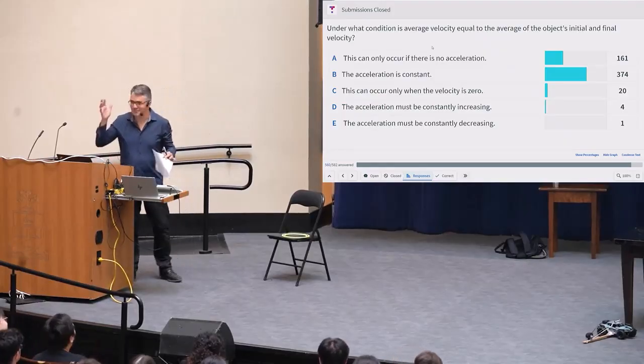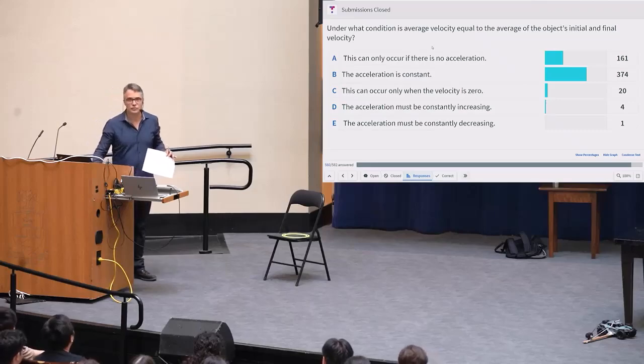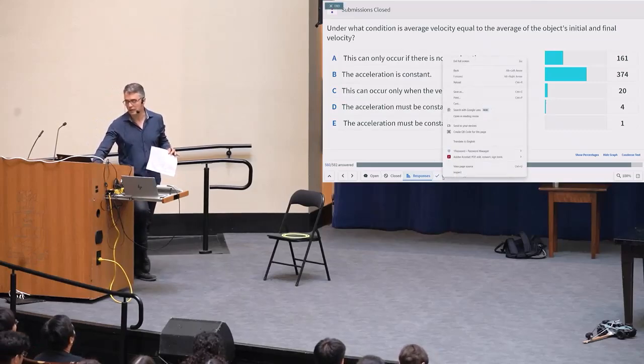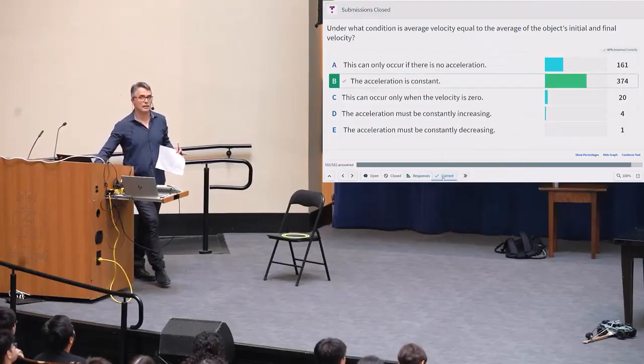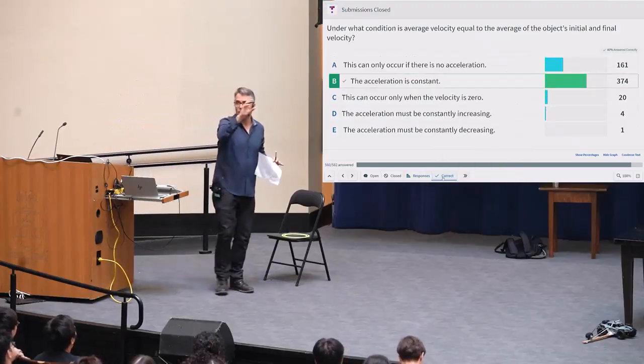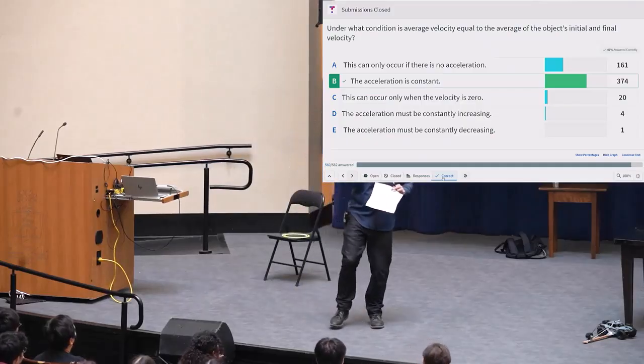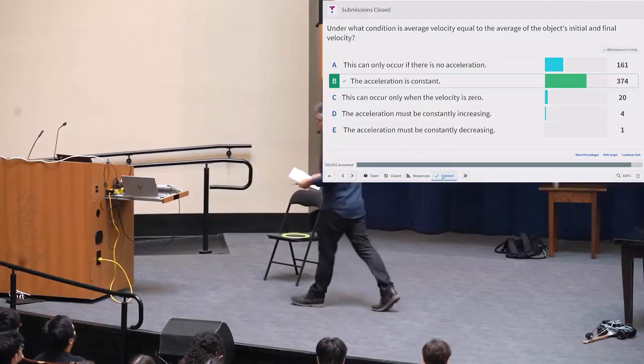It's a math thing, but it's the trivial case, and it's not the only case. It is true that if the acceleration is constant, any constant value, then if you add the initial velocity plus the final velocity and divide by 2, you happen to get the average velocity.